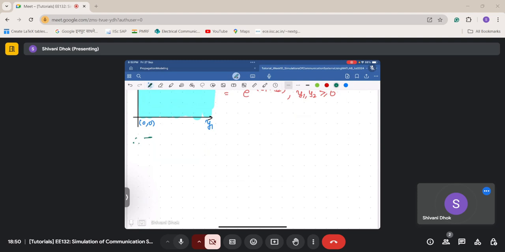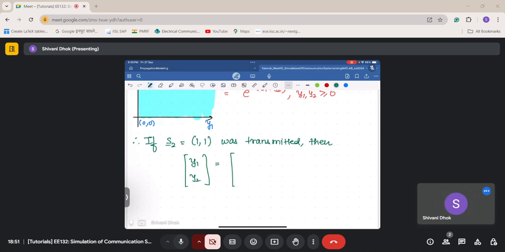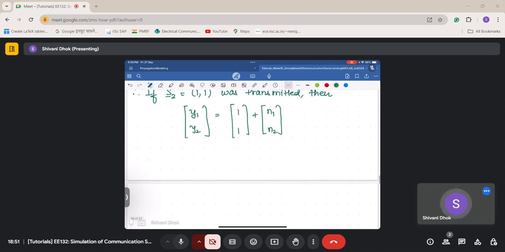So therefore, if s2, which is 1, 1, was transmitted, then y1, y2 will be equal to 1, 1 plus n1, n2. So therefore, I can write n1, n2 equal to y1 minus 1 and y2 minus 1.